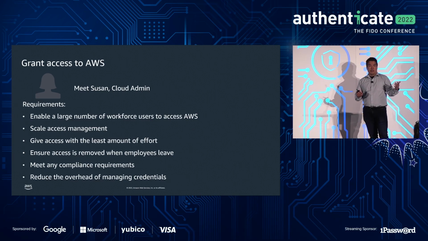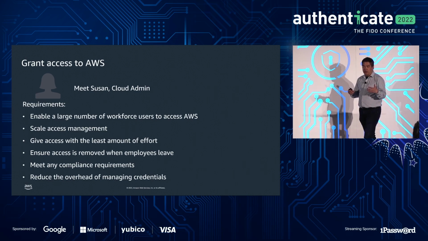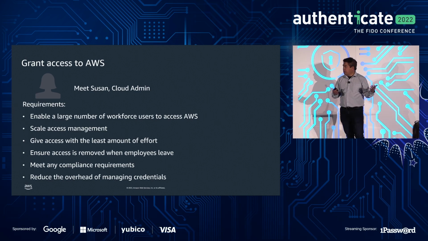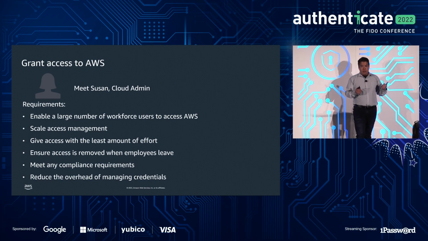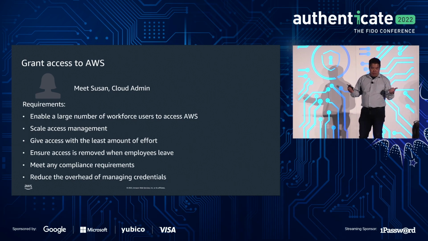But when you do the real exercise of deciding what workforce identity method you're going to use, this list could probably be a lot longer. In order for you to scale into AWS and grow your business there, number one is enable a large number of workforce users to access AWS. Well, once you have all that, how do you scale management for that?